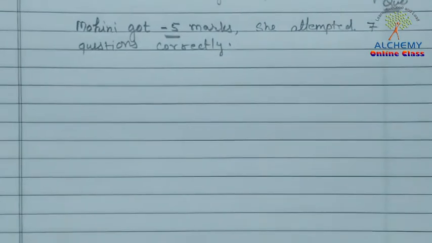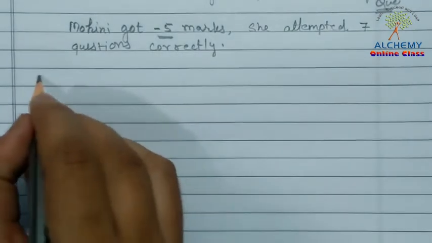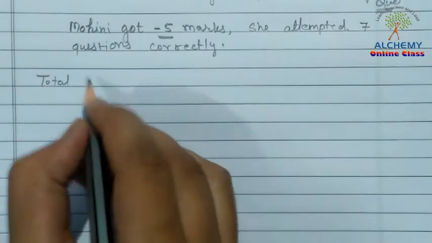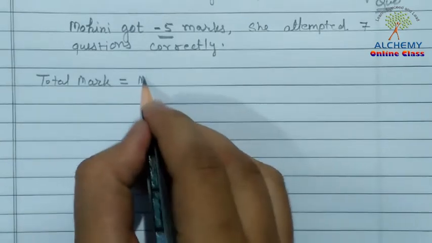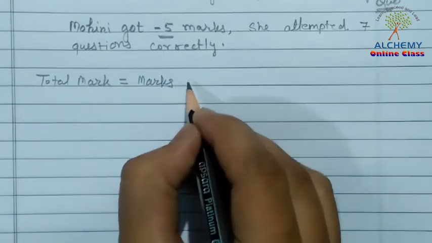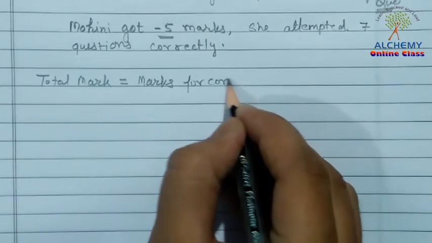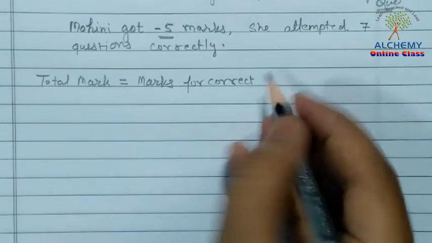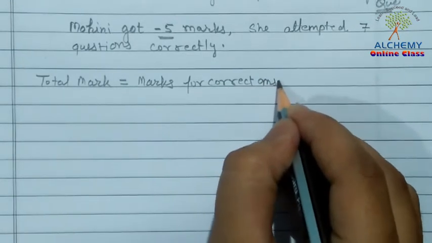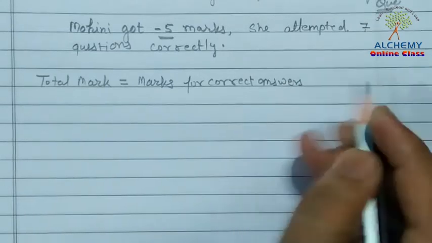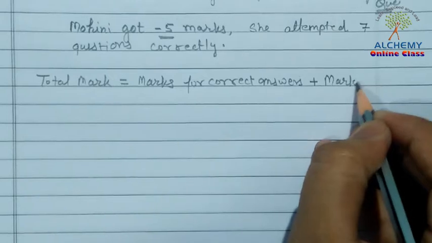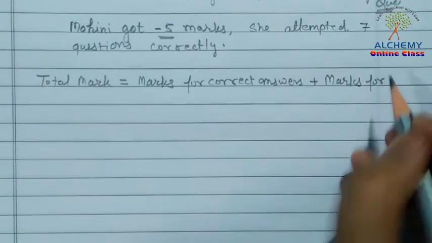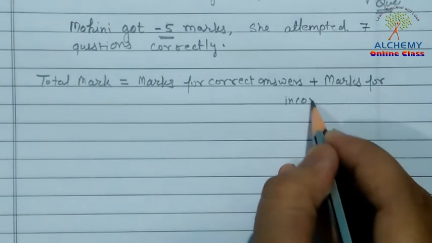Now we all know how to find the total marks. So total marks is equal to marks for correct answers plus marks for incorrect answers.